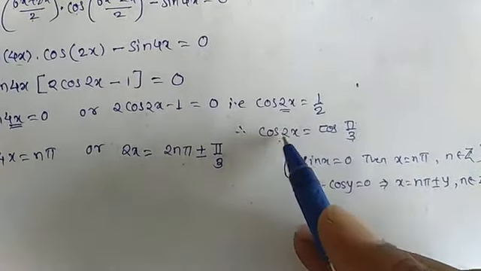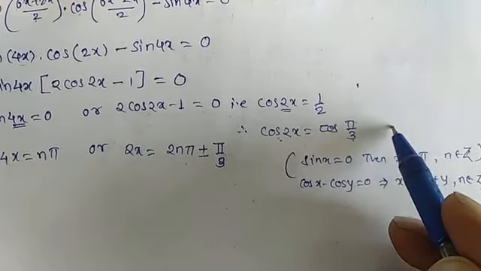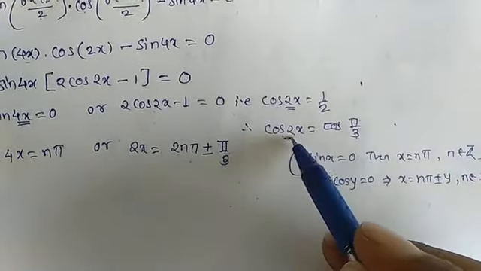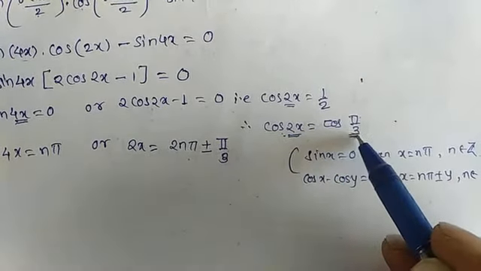It can be written as cos 2x minus cos pi by 3 equal to 0, so here the angle is 2x and y is pi by 3.